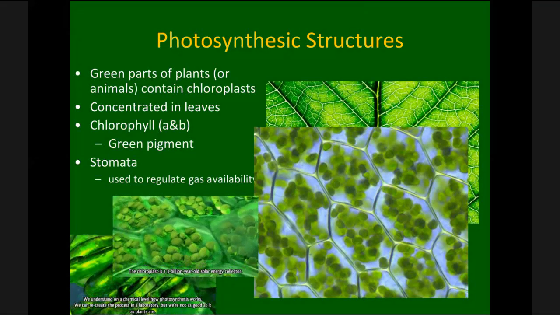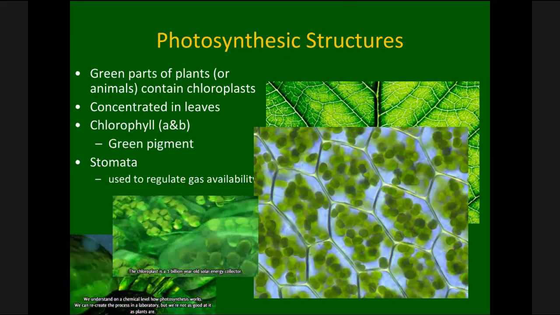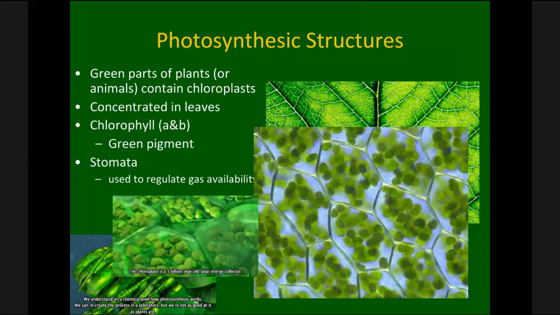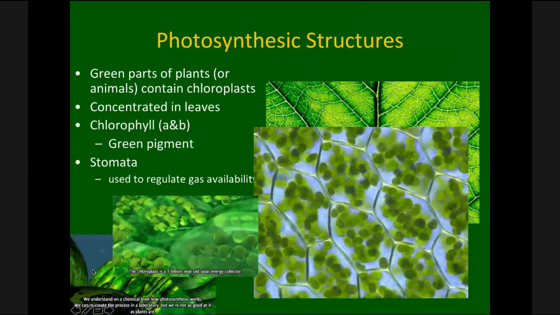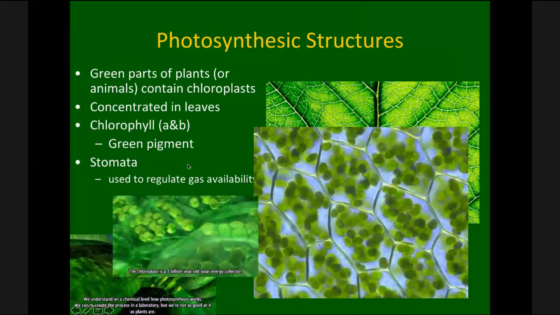So just like in the mitochondria where those folds, the cristae, allow you more surface area for fitting more electron transport chains, in chloroplasts, you've got all these folds of phospholipid membrane inside so that you can maximize your photosystems.